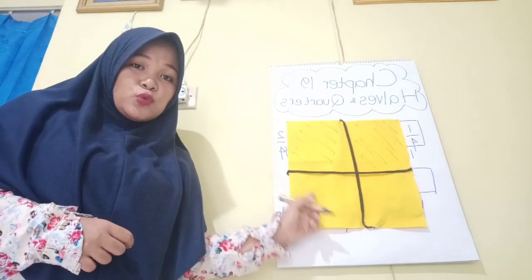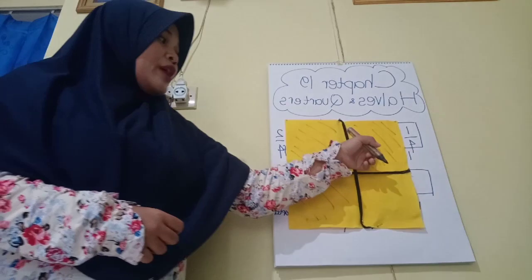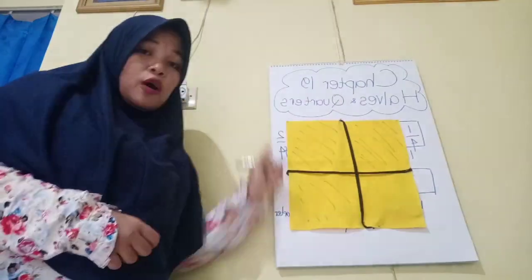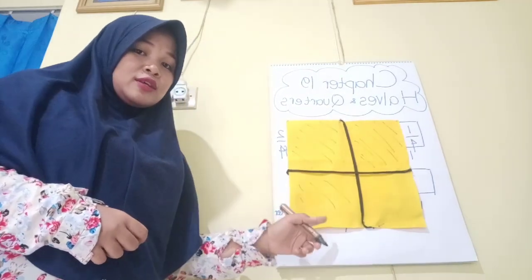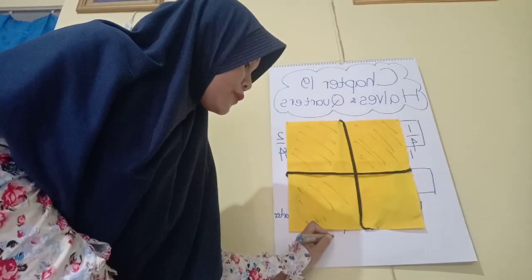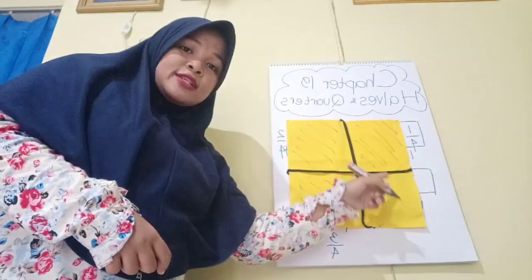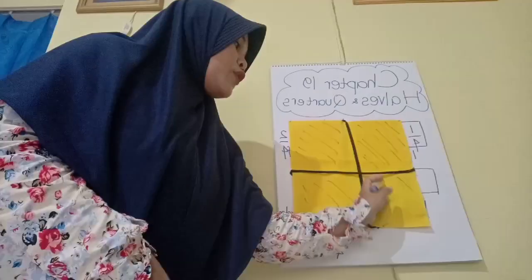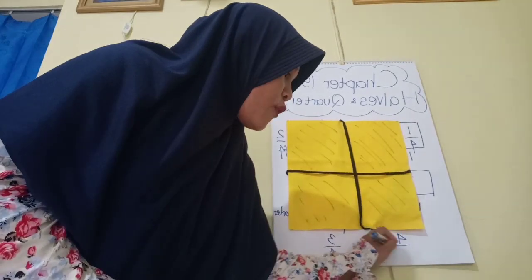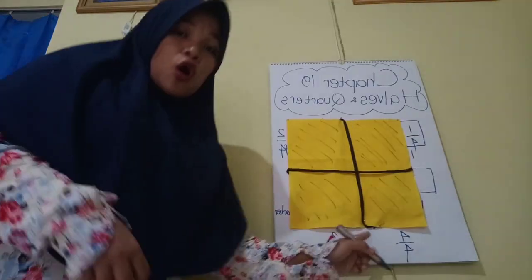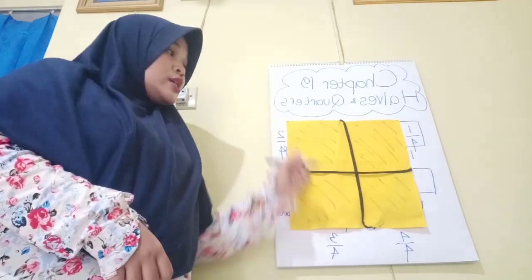If I shade this one also, there are three parts from the whole rectangle. So I call this three quarters. And if I shade all the rectangles like this one, I can write down that this is four quarters, or we can say a whole, or one whole.